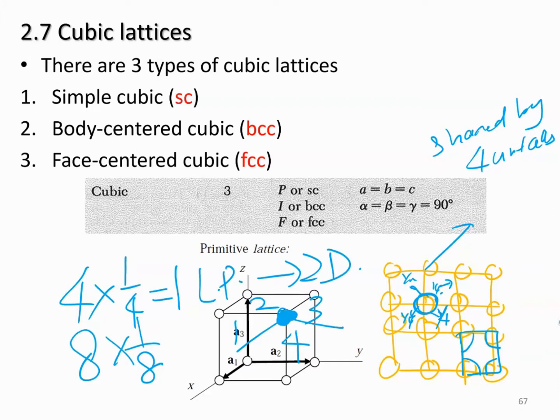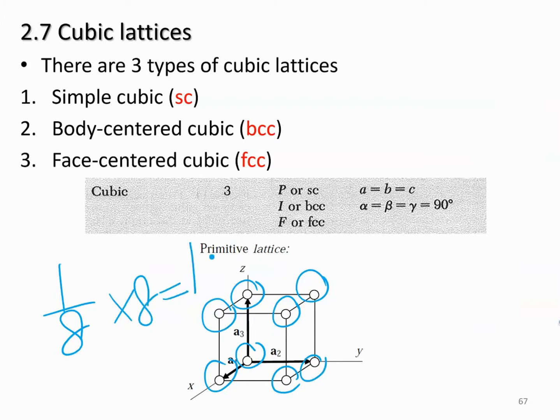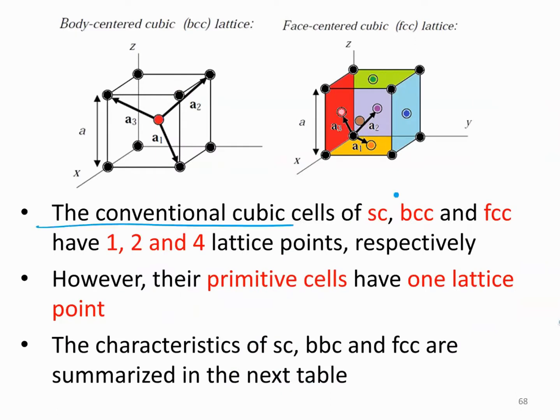I think it's difficult to explain, but just imagine stacking cubes: the corner atom is always shared by 8 unit cells, so the portion contributing to 1 unit cell is only 1/8. 8 times 1/8 gives you 1 lattice point. So for simple cubic, there is only 1 lattice point.